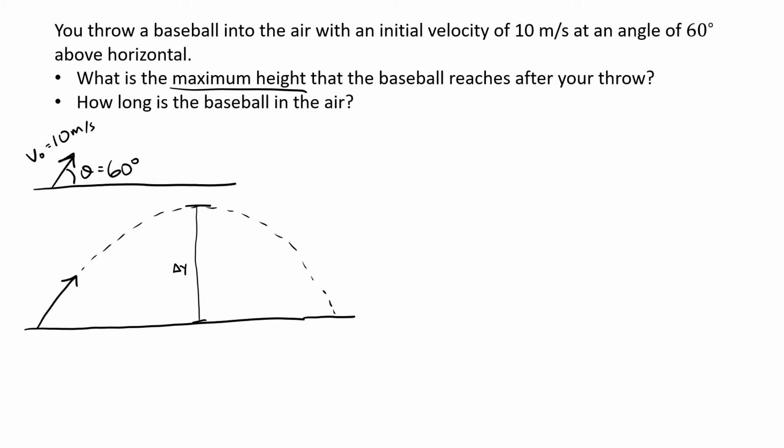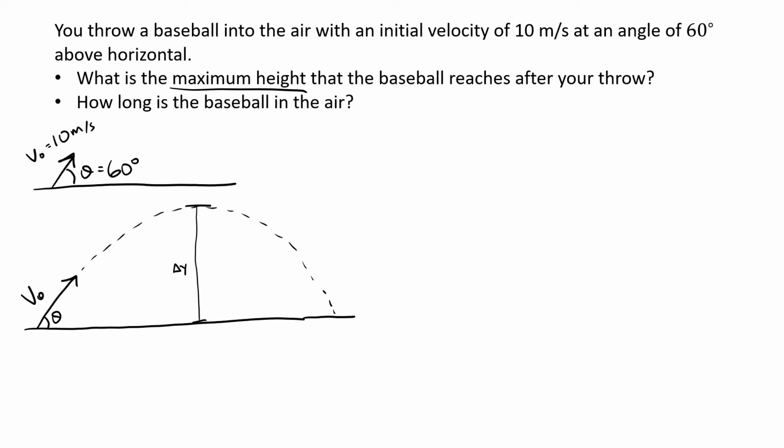But what was the direction, or the velocity that we needed? We needed to know how fast it is moving directly upwards. So we have the initial velocity, and it's off at this weird angle here.